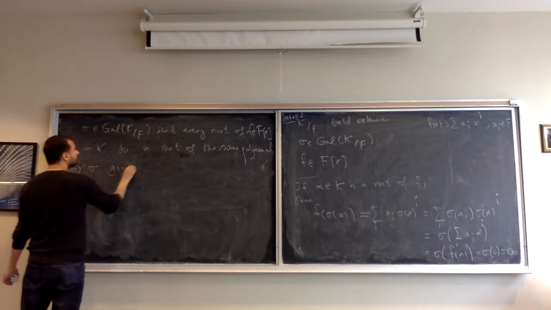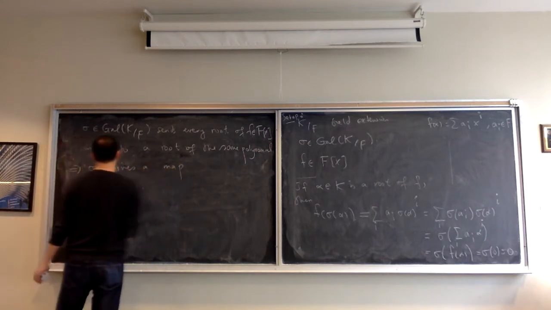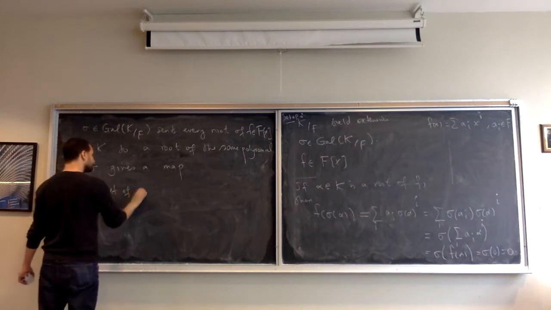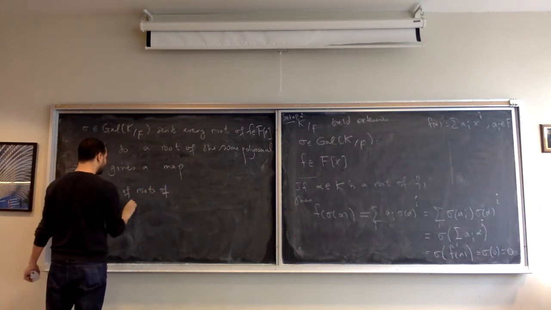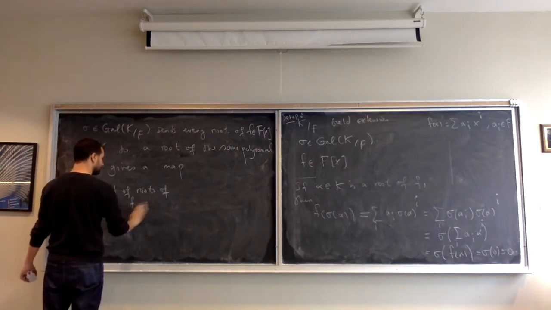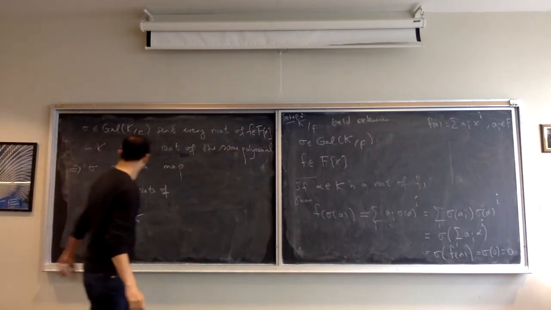So sigma gives a map from the set of roots of f in K. f is a polynomial with coefficients in F, right?